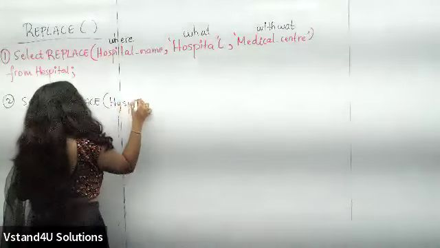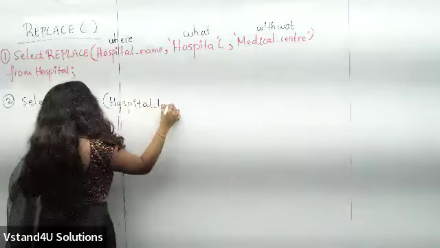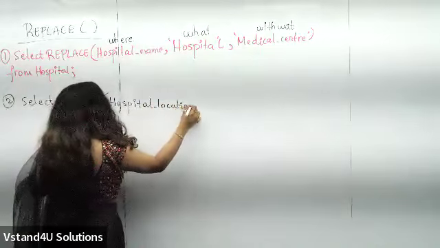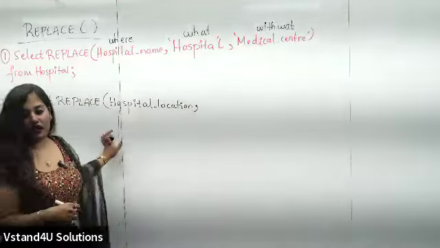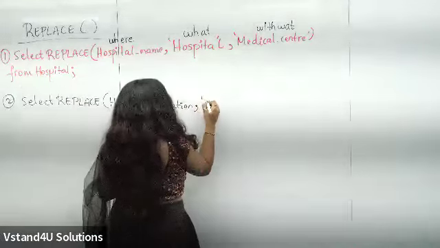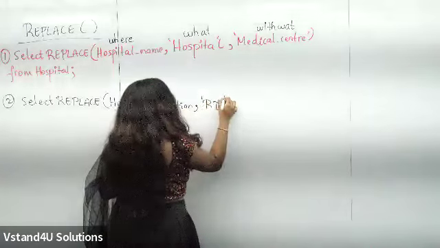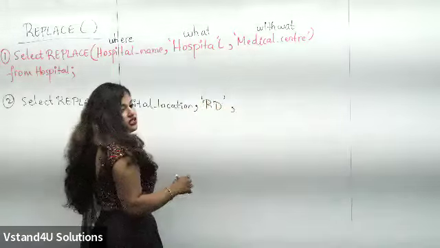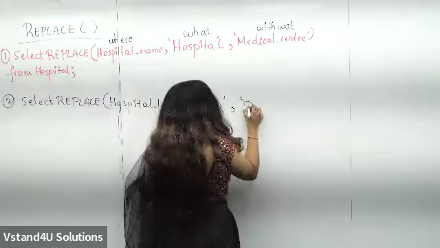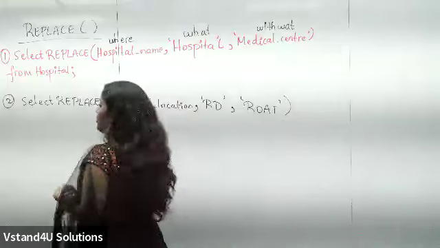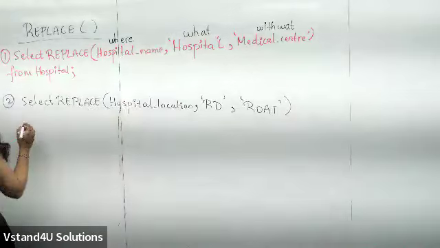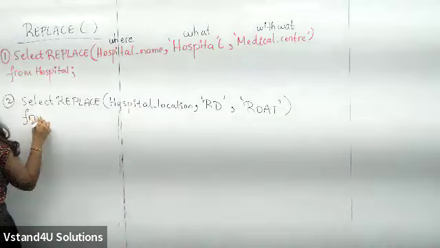So I will write hospital location. Then wherever the letter RD is there, I have to replace it with the word called as rot. From which table? From the table.